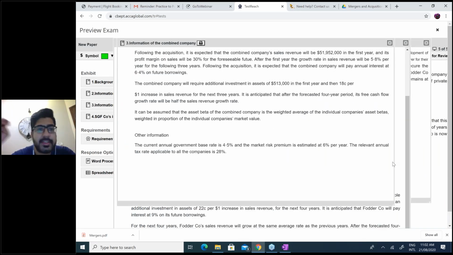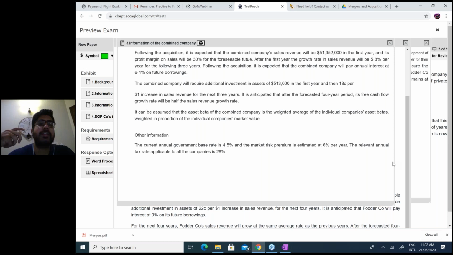Now exhibit 3 states, following the acquisition, it is expected that the combined company's sales revenue will be 51,952,000 in the first year, and its profit margin on sales will be 30% for the foreseeable future. Pay attention.